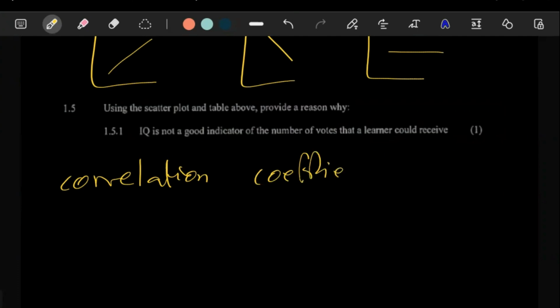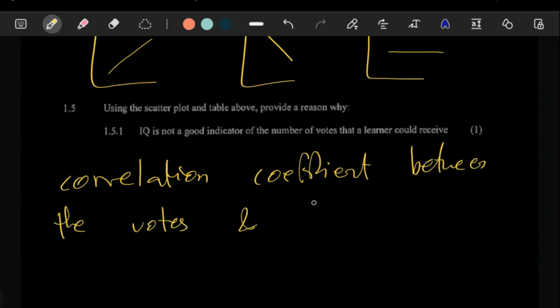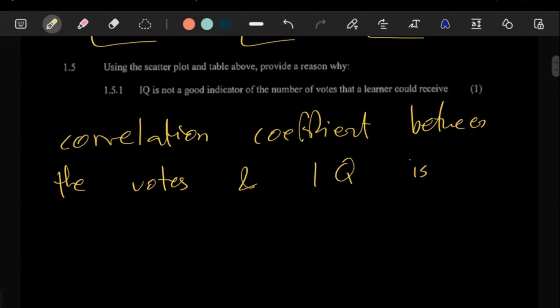But the moment there is something like that, it means that the correlation coefficient between the votes and IQ is negligible. But I don't think negligible is the best word to use there.